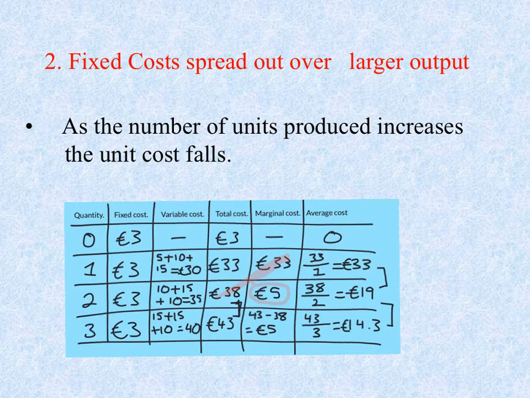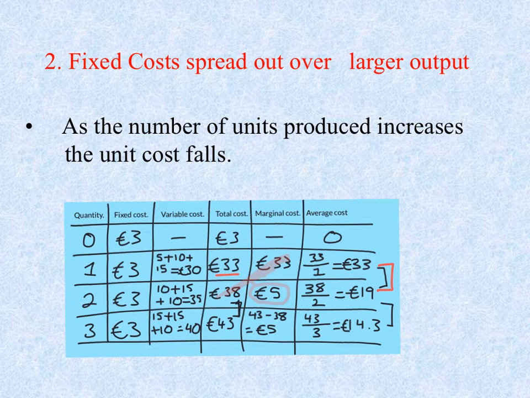The second reason for that fall in average costs from X to Y is that fixed costs are spread out over larger output. As the number of units produced increases, the unit cost falls, and we can see that here from our example yesterday. We can see that from here to here falls, that's our average cost. So we have a total cost of 33 here.